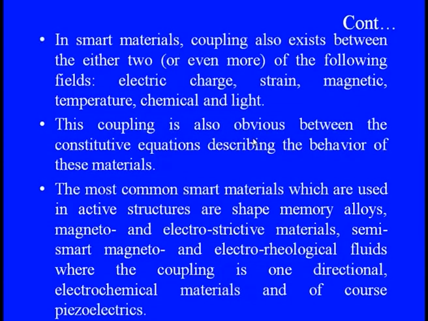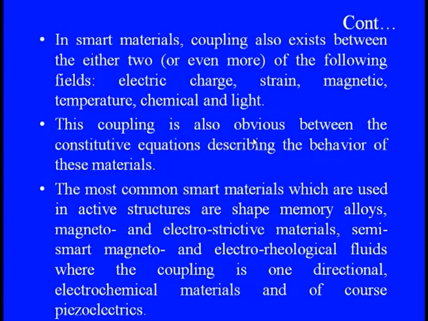First the electric charge, second the magnetic feature, the strain, the temperature variation, and the chemical and lighting effect with the microstructure. And this coupling is also obvious in the constitutive equations describing the behavior of these smart materials.